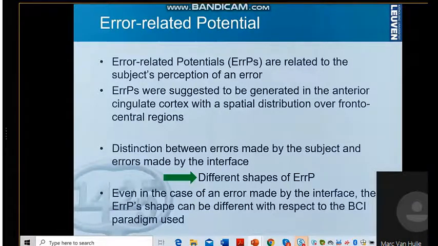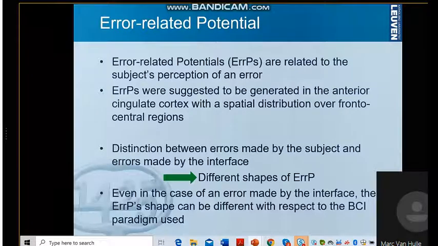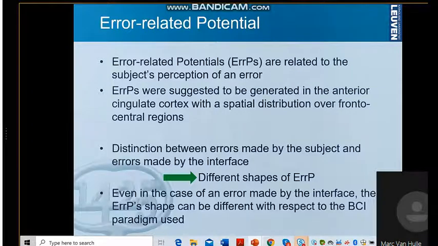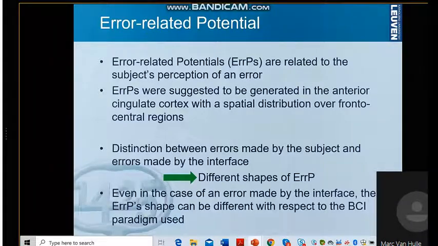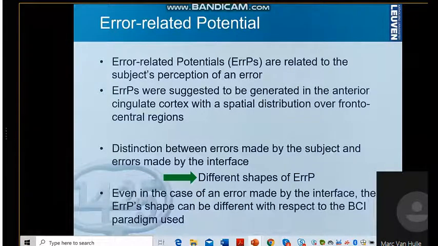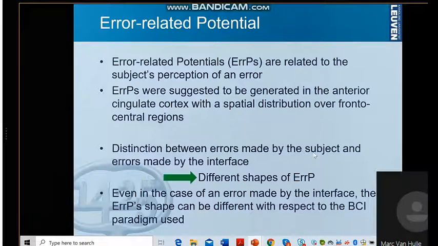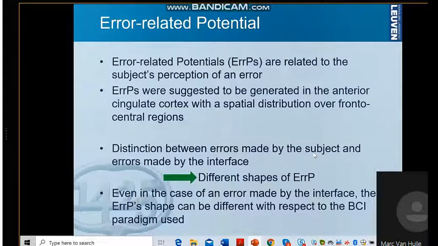Next slide, error-related event-related potential, it's a long word. Those are related to the subject's perception of an error that occurs. This is presumably generated in a particular brain area, and it can be picked up with your EEG electrodes over the frontal central regions of the scalp. And there is actually a difference between a subject error and an error made by the interface.